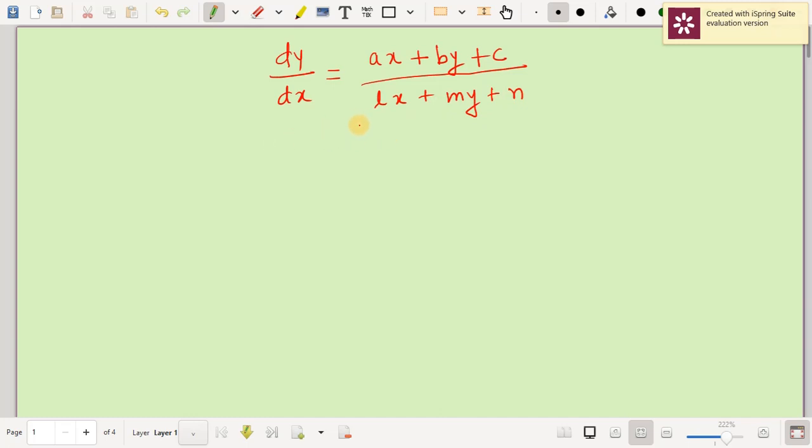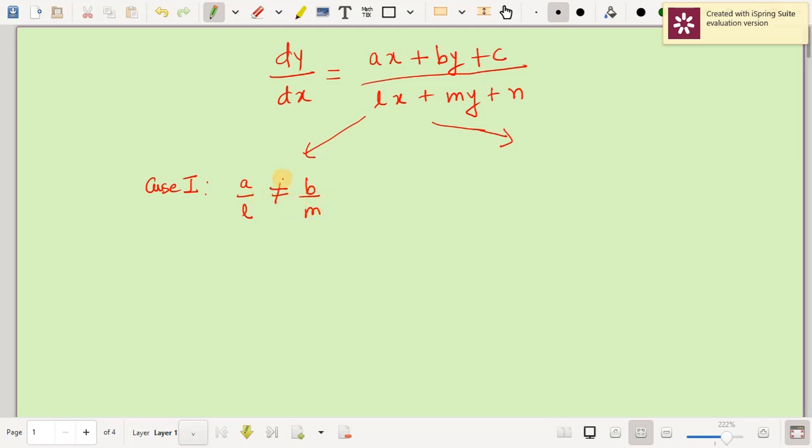Now, this is categorized into two cases. Case 1 is when a by l is not equal to b by m.